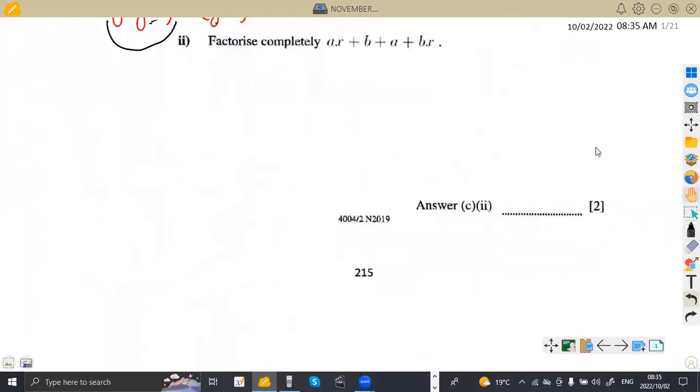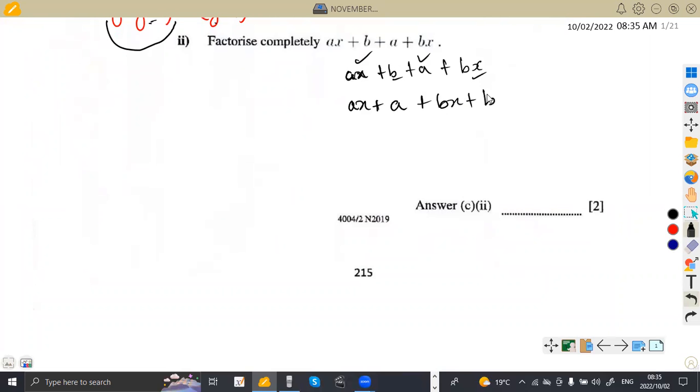Okay, factorize again completely. We are given ax plus b plus a plus bx. Remember, I told you guys here we are supposed to work by grouping. If you can see, there's nothing common between the first two terms, so we're going to do it by grouping. You can take the terms with a together, that is ax plus a, then the terms with b together, it's going to be bx plus b.